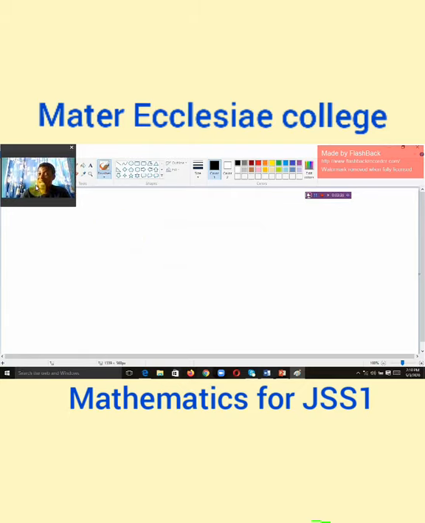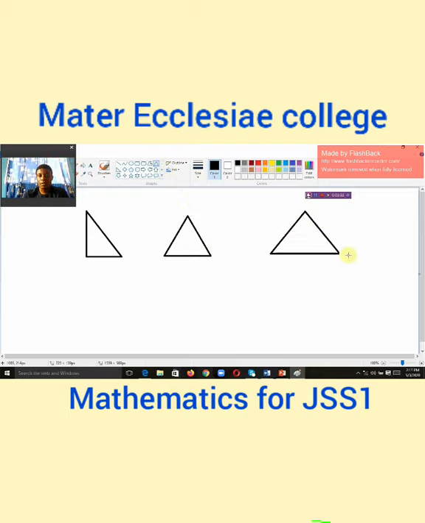But not all isosceles triangles are acute, obtuse, or right angle triangles. So let me draw three triangles here. This is right angle, this is scalene, that's acute, and this is obtuse.